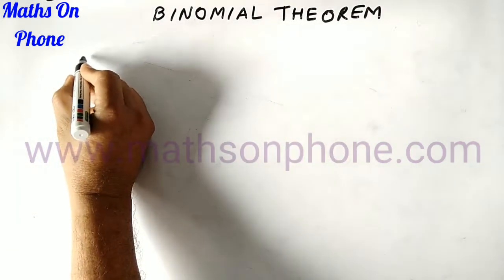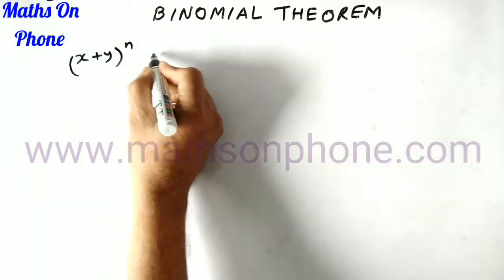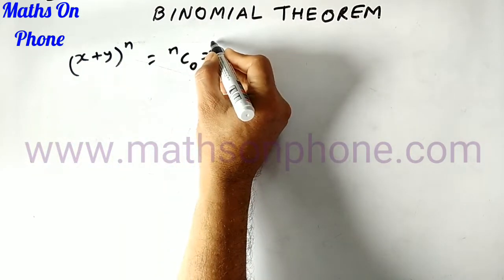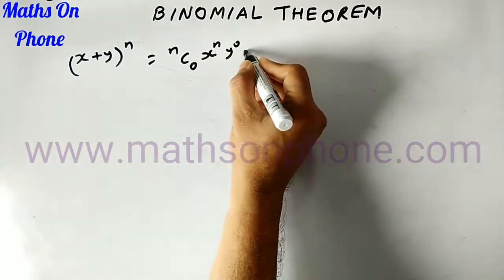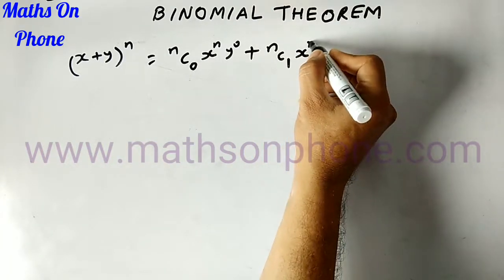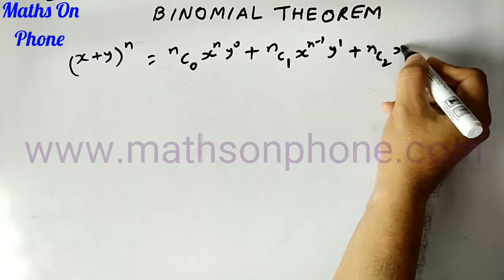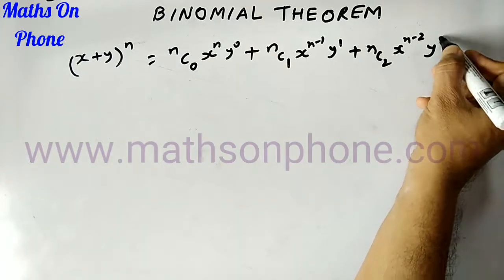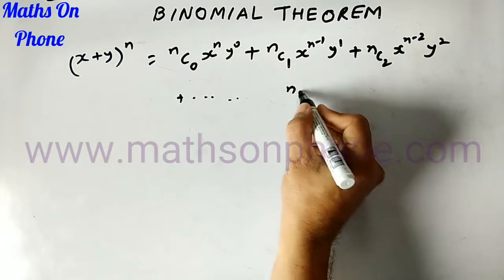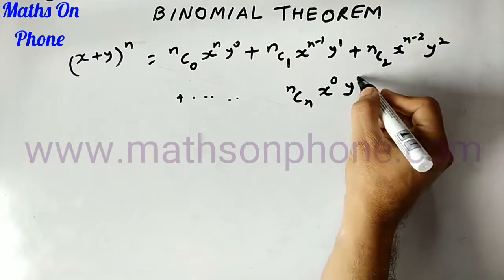The basic binomial expansion of (x + y)^n is nC0 x^(n-0) y^0, that is x^n y^0, plus nC1 x^(n-1) y^1 plus nC2 x^(n-2) y^2, like on it goes on, up to nCn x^(n-n) y^n.